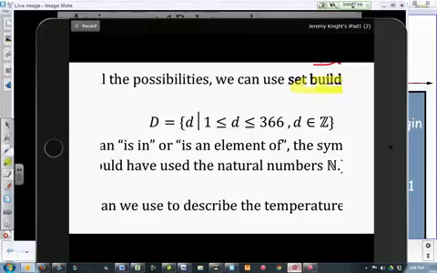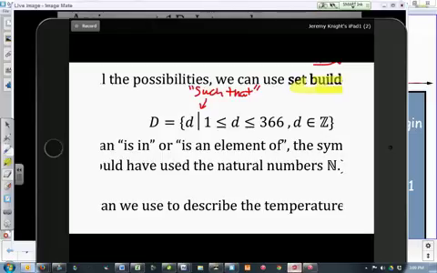We say the set of days are all the D's, and this little line means such that. So all D such that D is greater than or equal to 1 and less than or equal to 366. Does this little part make sense? That should look very familiar. So it's all the D's such that D is in this range.